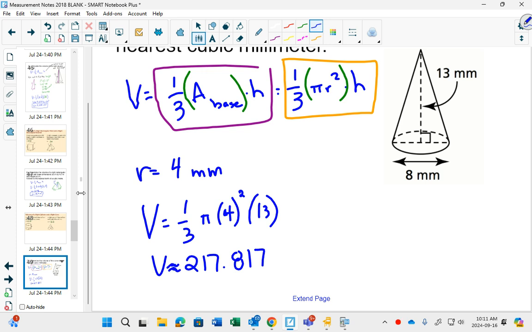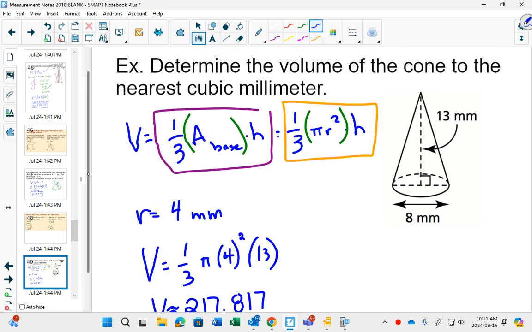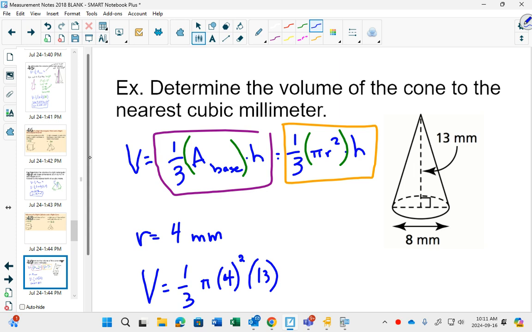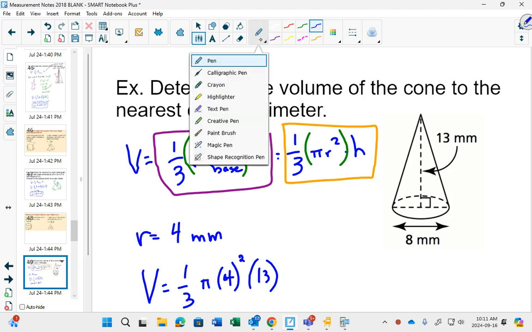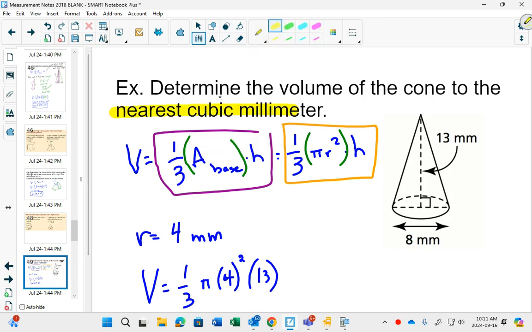I guess I rounded. What are my units? What does it want me to round to? Millimeters are my units, to the nearest cubic millimeter. Let's highlight that. Nearest cubic millimeter, how many decimal places is that? 0, right? Because you're rounding to the nearest whole number is basically what that's saying, okay?